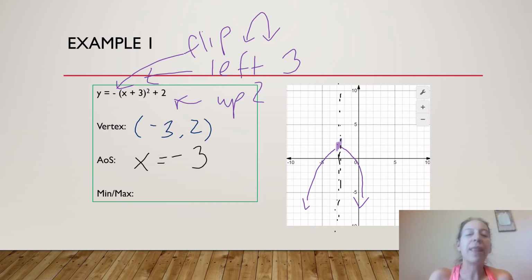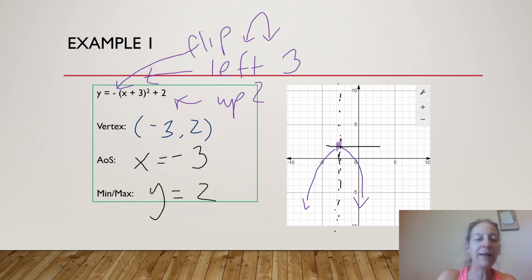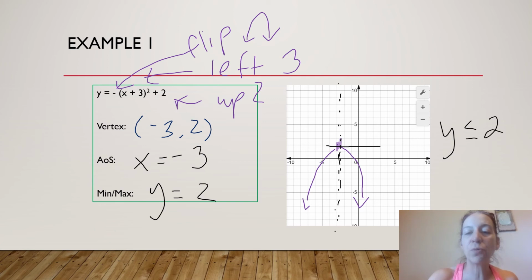instead of y equals. Now for the minimum or the maximum, that is the highest or the lowest point that the parabola reaches. Well, in this case, if we look at it, there is a highest point, and that highest point is y equals 2. Now, incidentally, when we talk about domain and range, the range for this, because remember range is your y values, would be y is less than or equal to 2 because it's at the 2 and then it goes down from there.